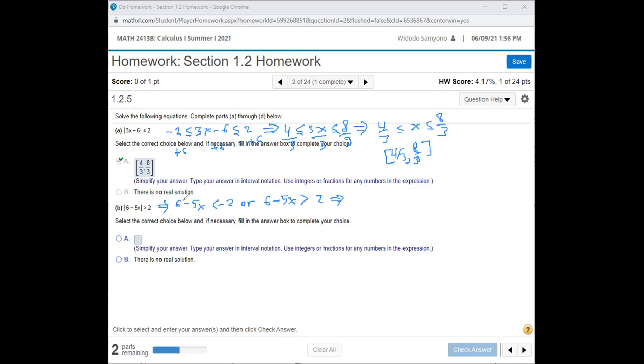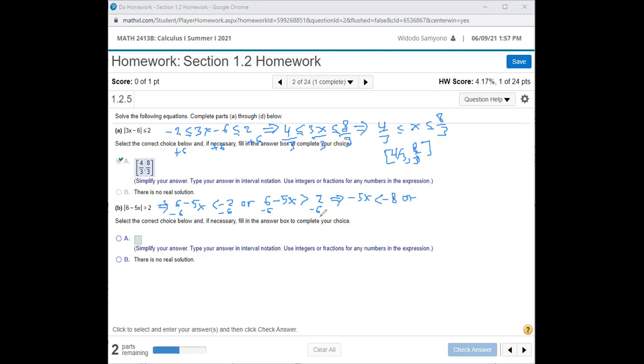So you need to remove the number from the x, right? So you need to subtract both sides by 6, right? Okay. So this one, you got negative 5x less than negative 8, right?